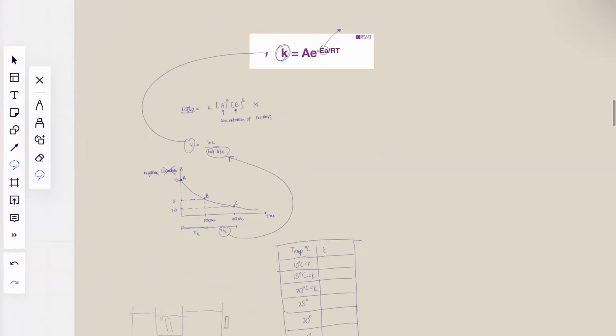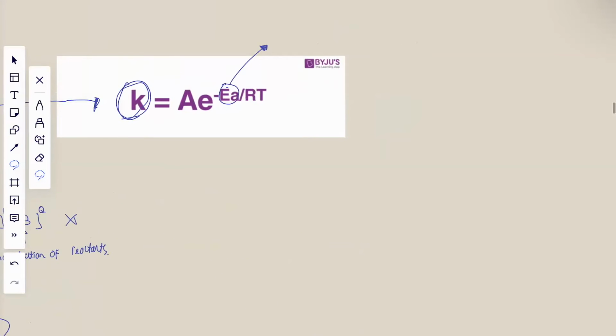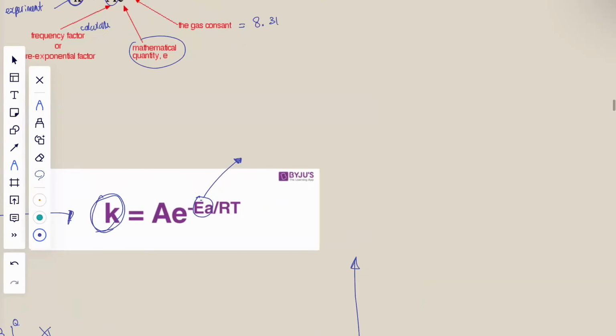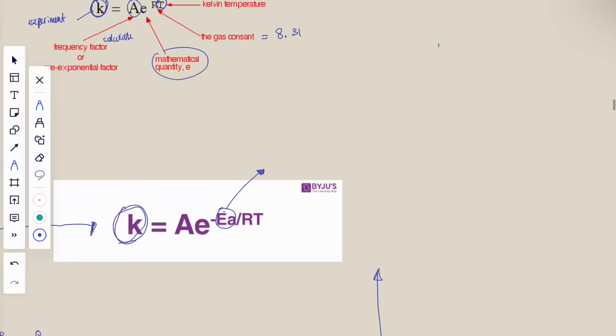How do you do this? You're going to plot. I forget how to do this. Oh, try do the working here. K is equals to A e to the power of minus EA over RT.